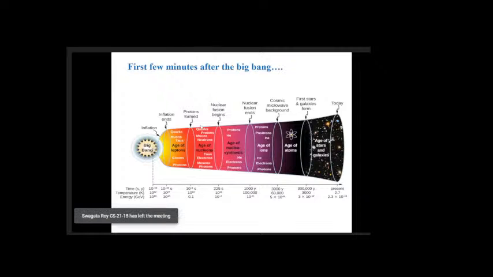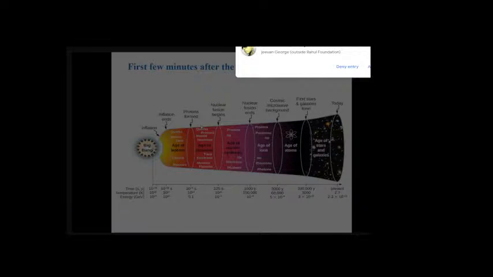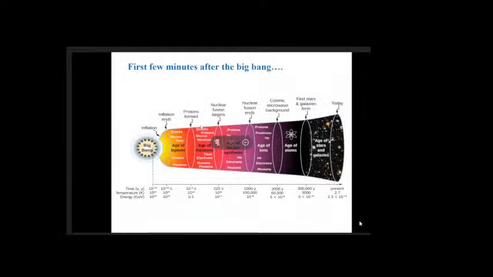So one electron and one proton combine to form a neutral hydrogen atom, and two protons, two neutrons, and two electrons combine to form a helium atom, right? That was the first time that atoms were formed, in the form of helium and hydrogen.